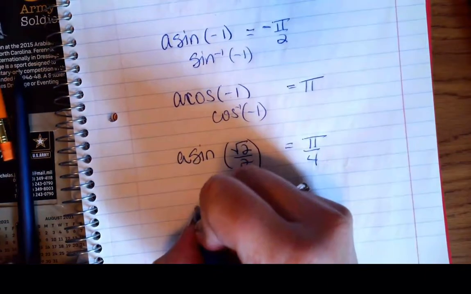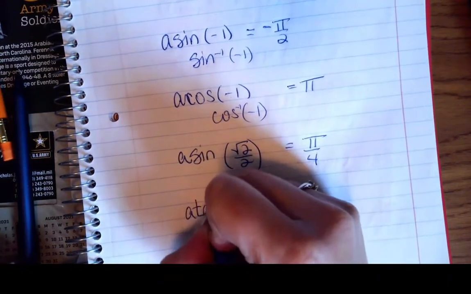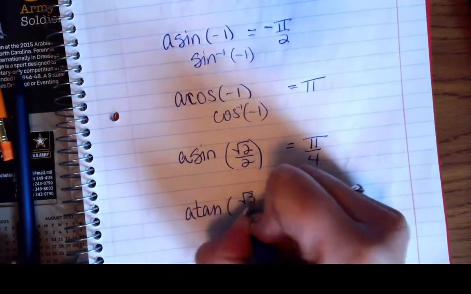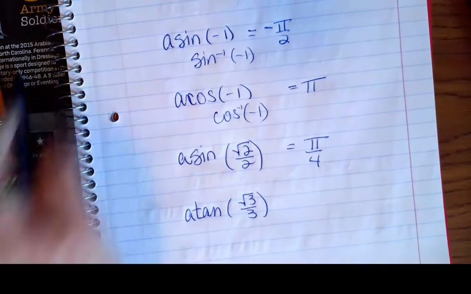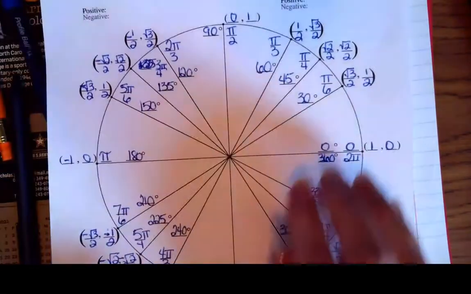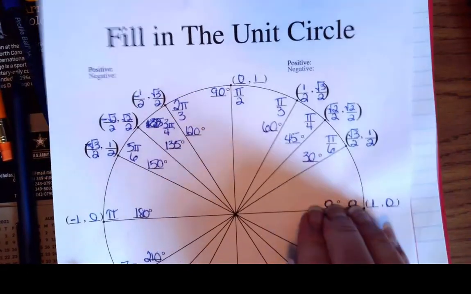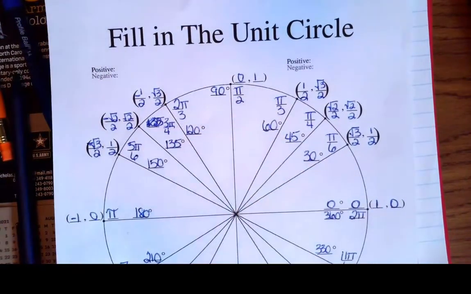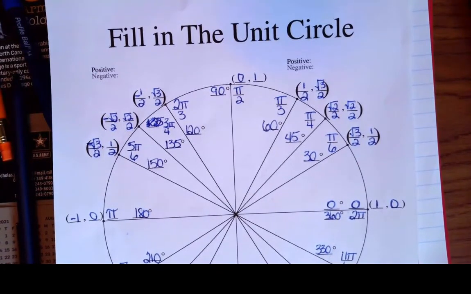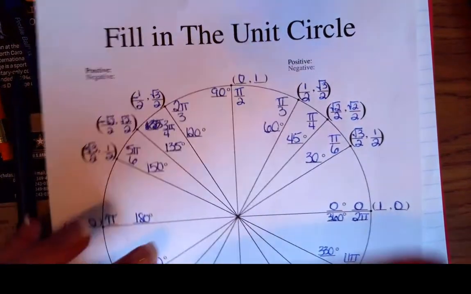What about the arctangent of √3/3? All right, so let me tell you a little trick that I use to memorize tangent. Tangent is going to be 0 or undefined, 1 or -1, or a √3 or a √3/3. So tangent grows.